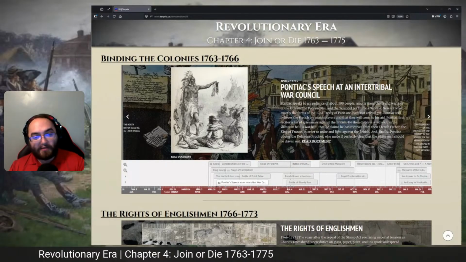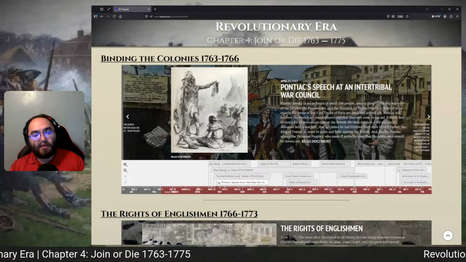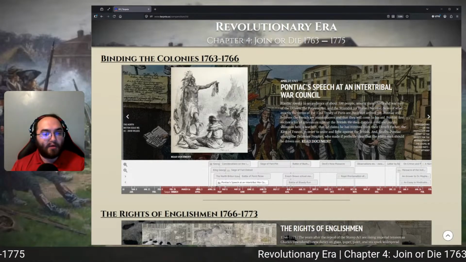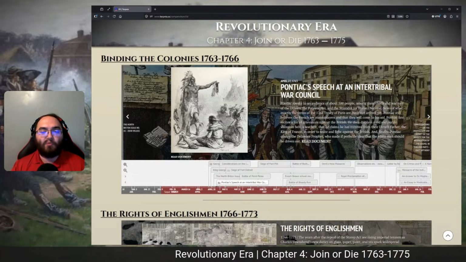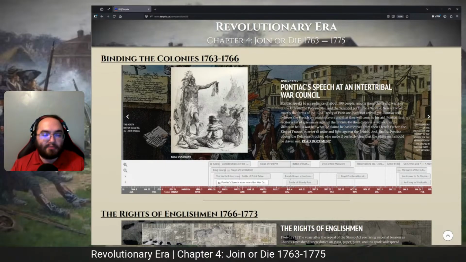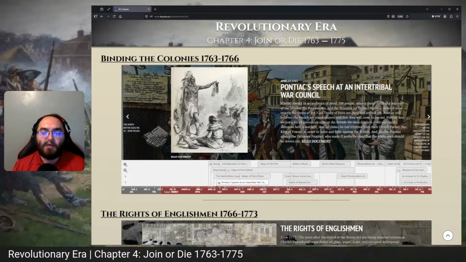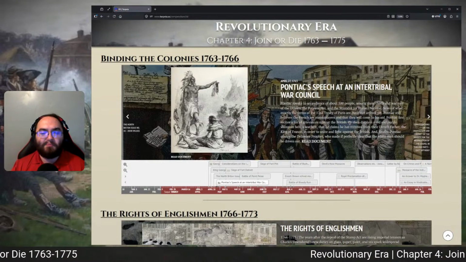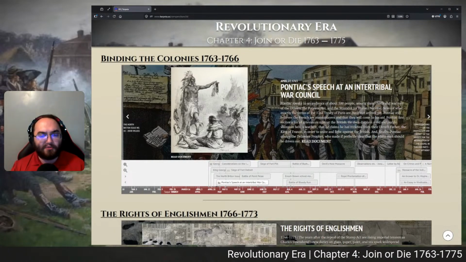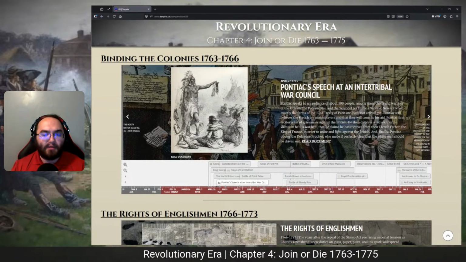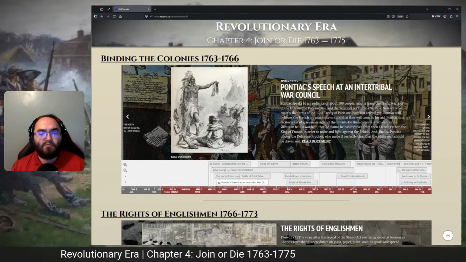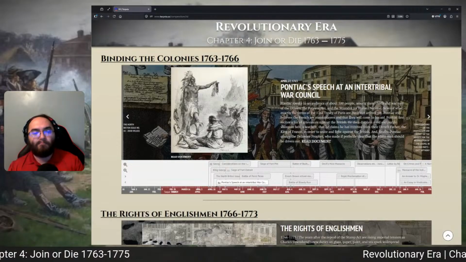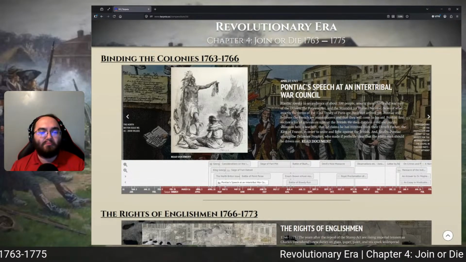And so Pontiac organizes an intertribal war council, and we actually have a speech because some French colonists were there to witness it, and they wrote at least excerpts of it down to the best of their ability. In Pontiac's speech, he believed that the French were going to continue fighting, and so he's rallying the Native Americans to continue fighting the British. And so this is the start of what people call Pontiac's Rebellion.